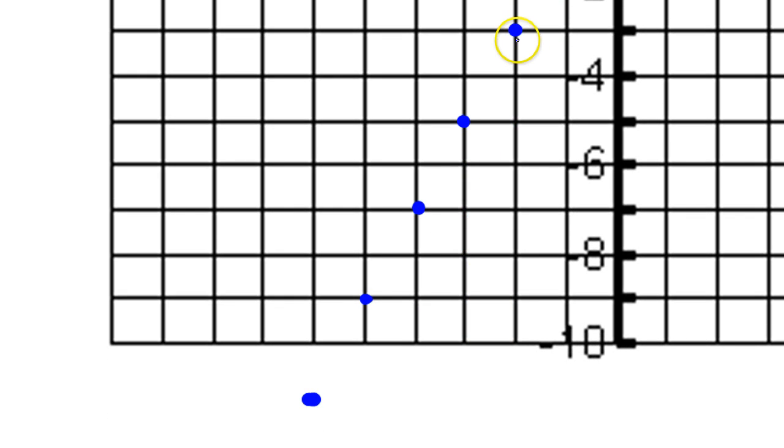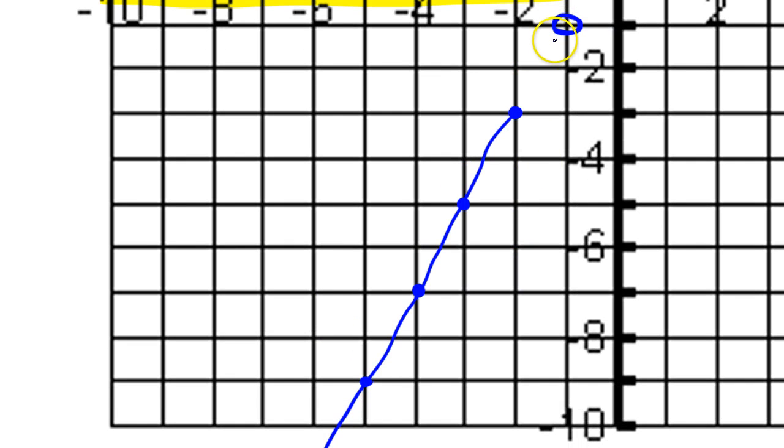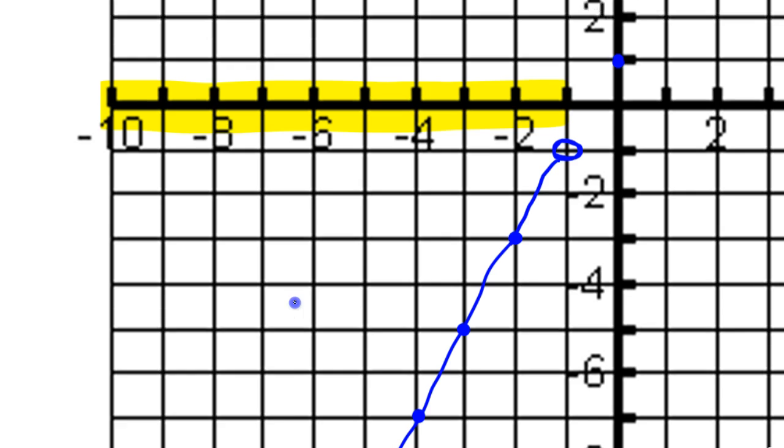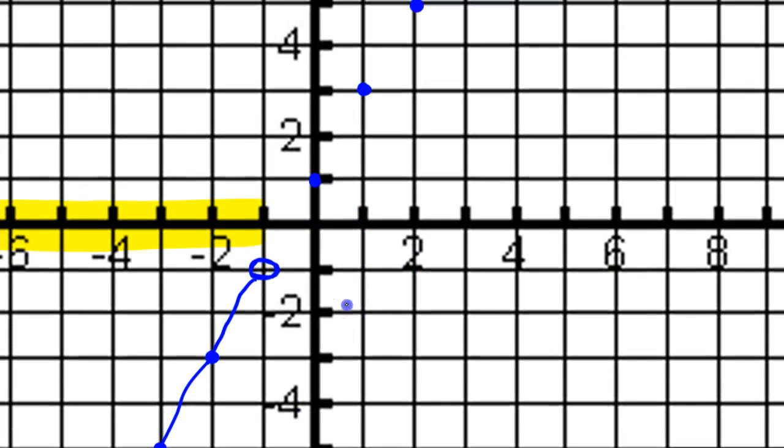Okay, that just disappeared, didn't it? Okay, so that is the blue function.